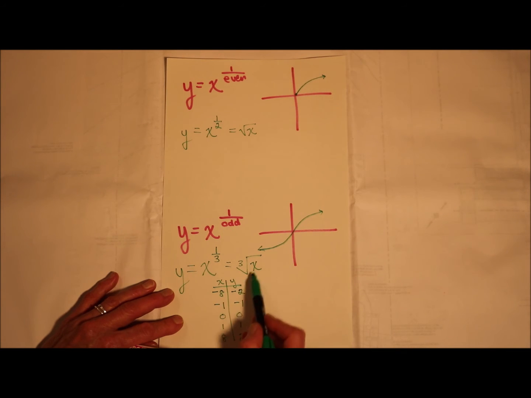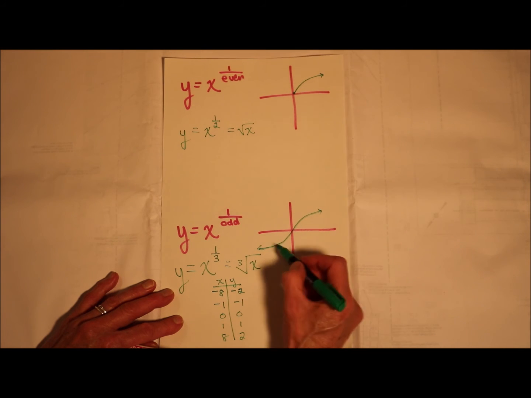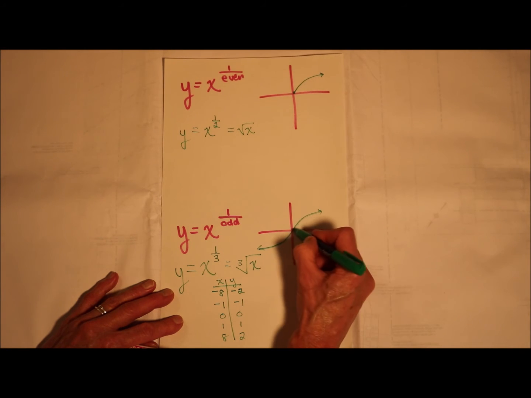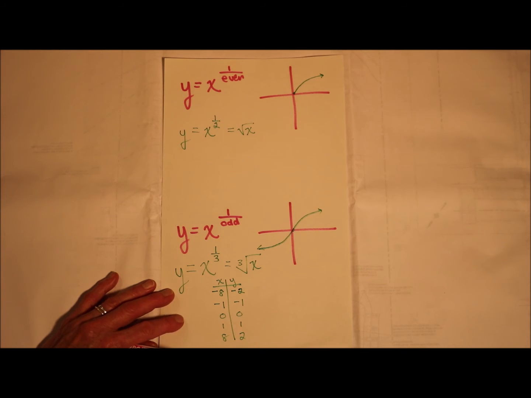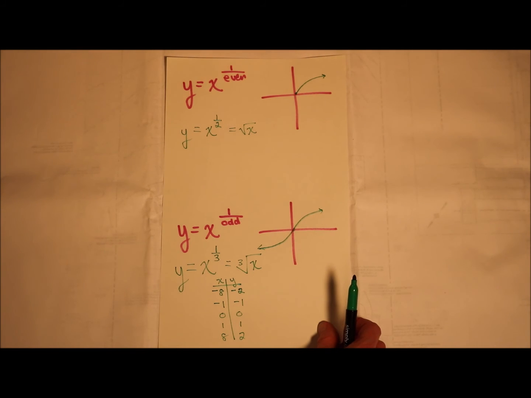But if you plugged in a -8, you are going to get an answer. It's going to be -2. If you plug in a -1, right, the cube root of -1 is -1, and 0 and so on. So don't memorize what these look like. Actually, take the time, plug in some x's, get out some y's, and you will be able to know what they look like.